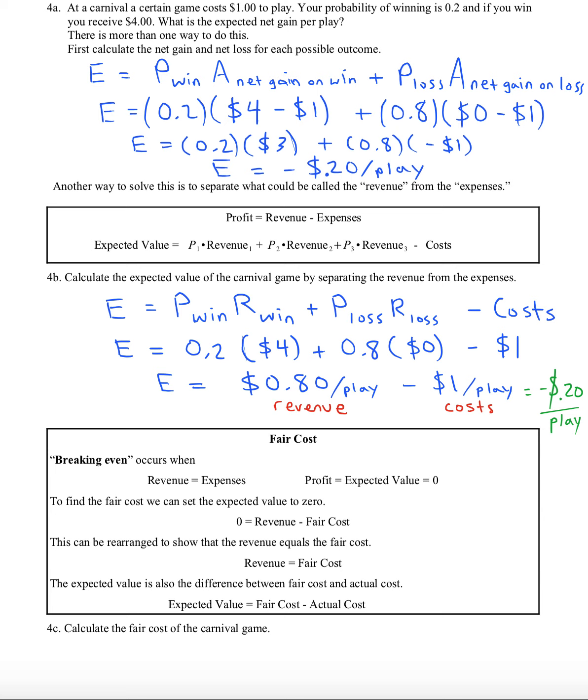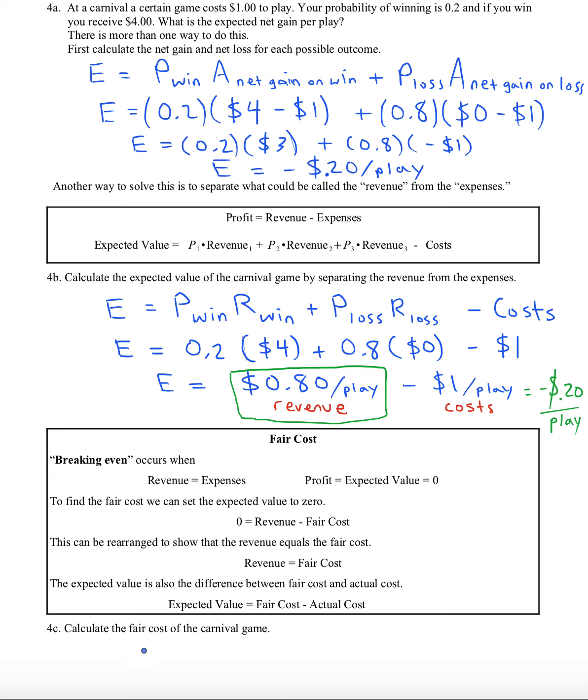So that brings us to, what is the fair cost of a game? Well, when we break even, our revenue equals our expenses. And so since we've already calculated the revenue right here, we can actually see what the fair cost of the game is. It shouldn't be $1.